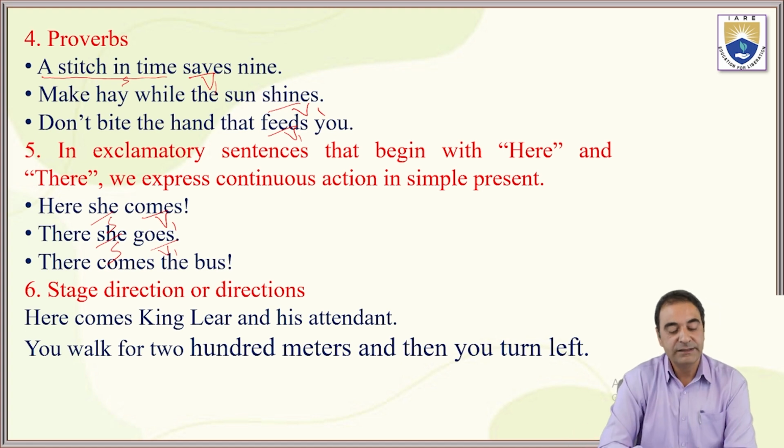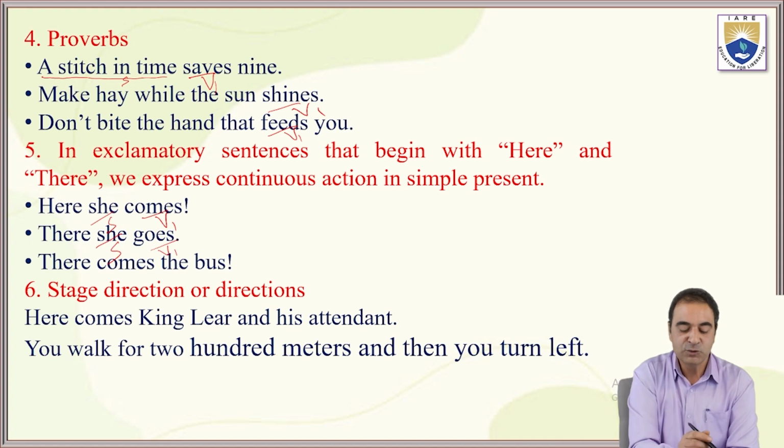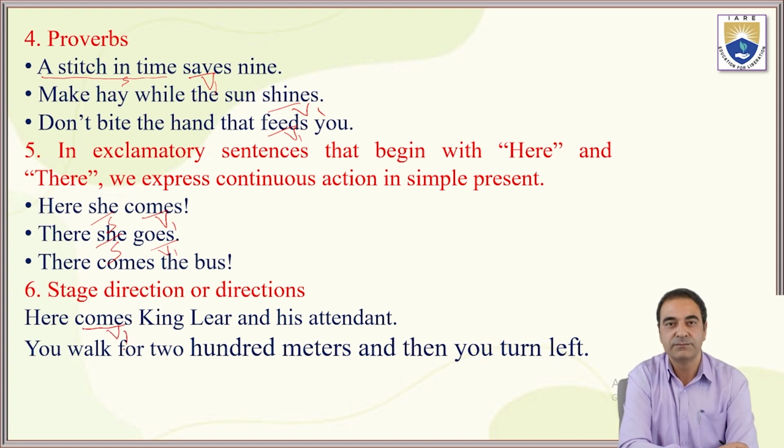Now look at the next usage, the sixth one. We use simple present tense to show stage directions, or simply you can say directions. Look at the first sentence. Here comes King Lear and his attendant. Now, if you look at the sentence, we have the verb comes in first form.